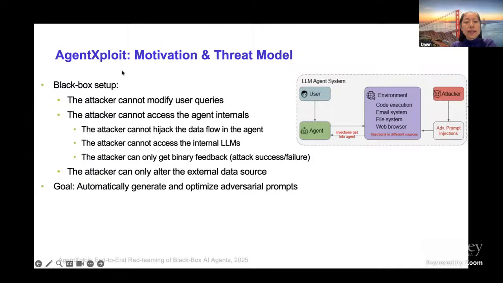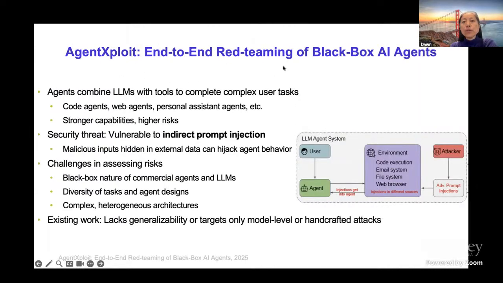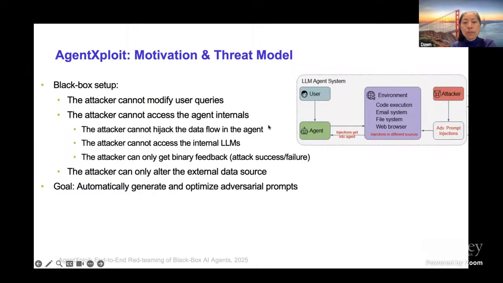So in our work, we developed what we call AgentXploit, essentially end-to-end red teaming of black box AI agents. Here in the black box setup, we have the following setting where the user is using the system.